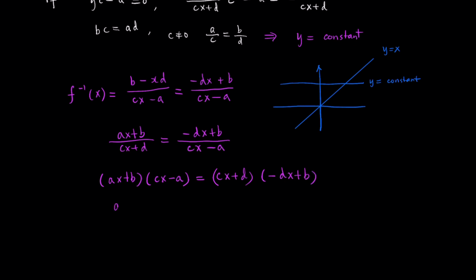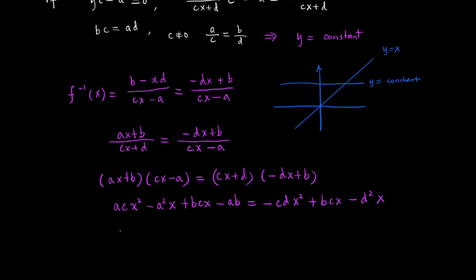Expand it: acx squared minus a squared x plus bcx minus ab equals negative cdx squared plus bcx minus d squared x. All right, move everything to one side.